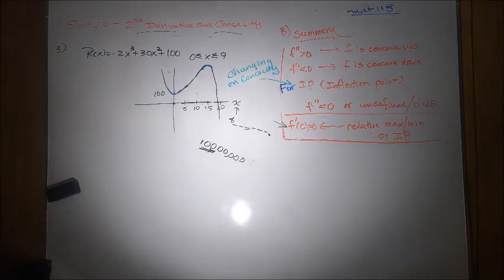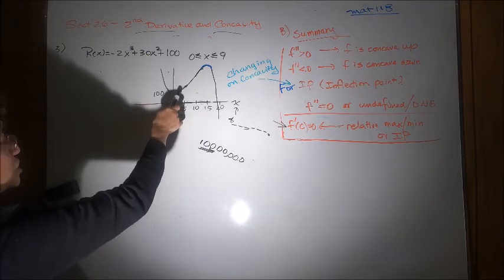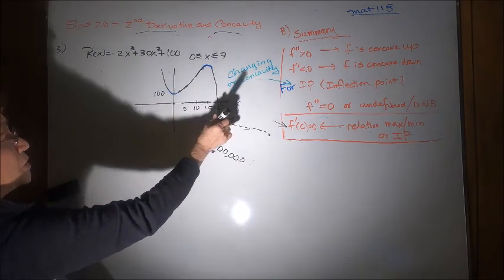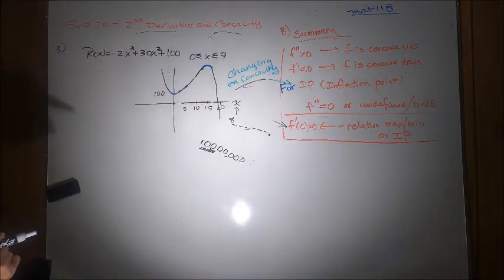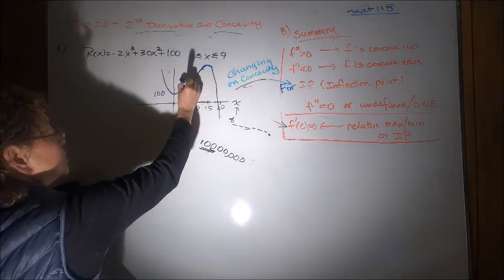An inflection point, right? Because it changed the shape from concave up to concave down, when you have a change in concavity, an inflection point happened. So we want to find this point.